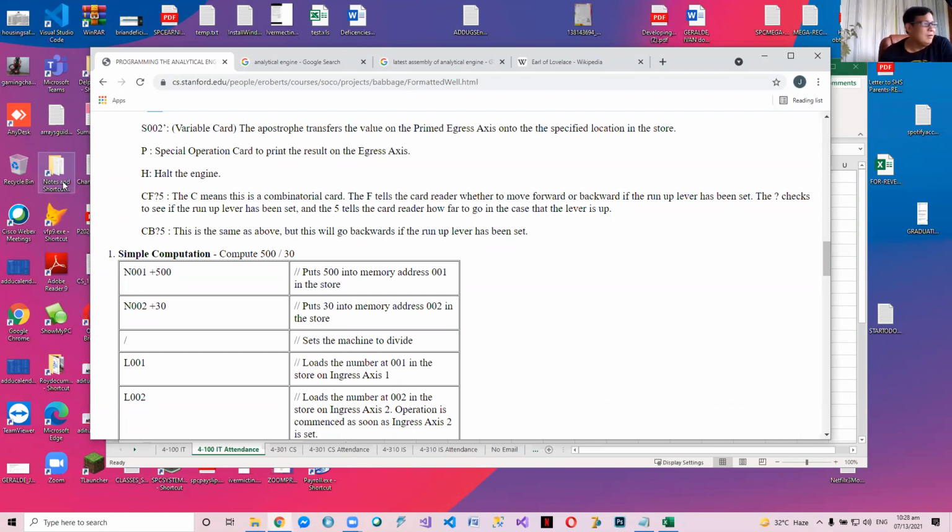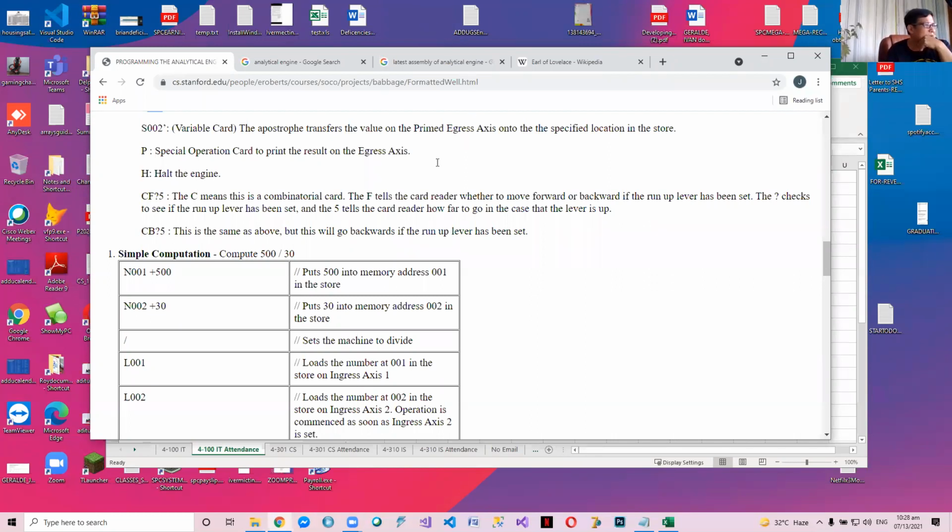Reset means it's 0. When the run up lever has been set, it will move forward 5 times. It's the same as above, but we move 5 times backwards. CF means move forward. CB means move backward. Do you understand? I hope we'll show this in an example.